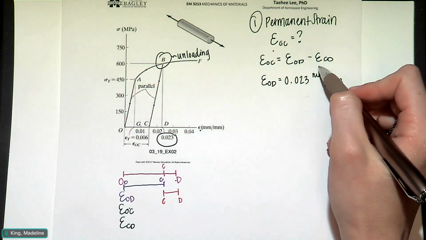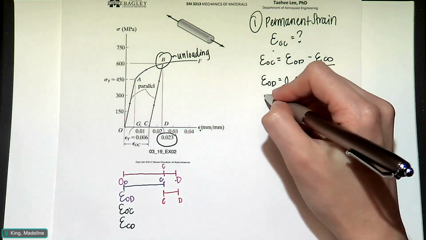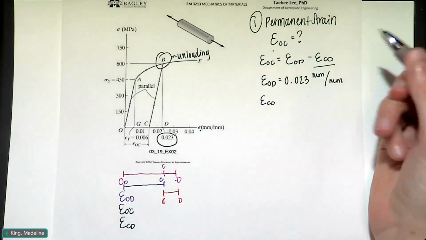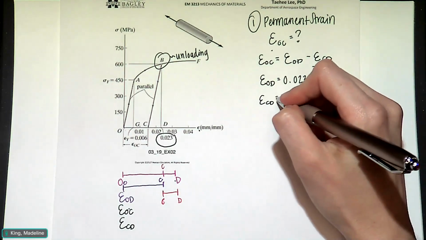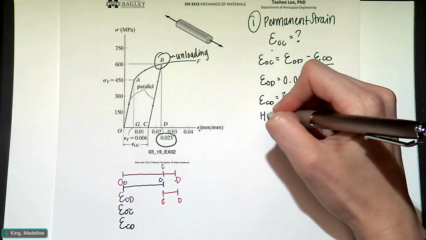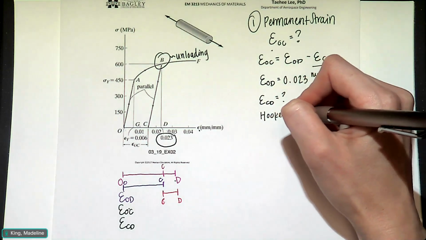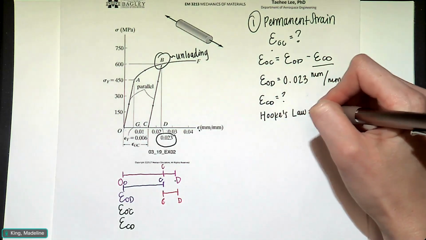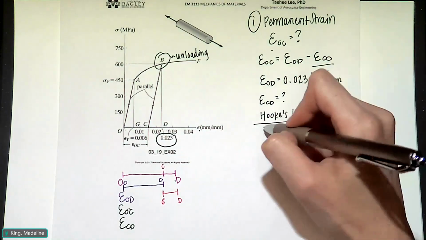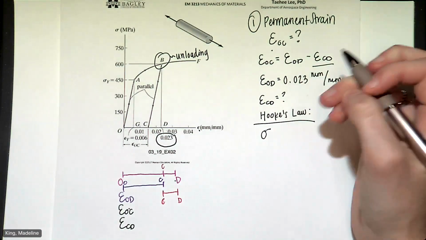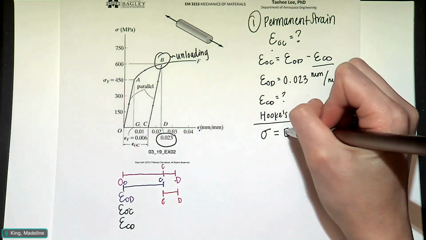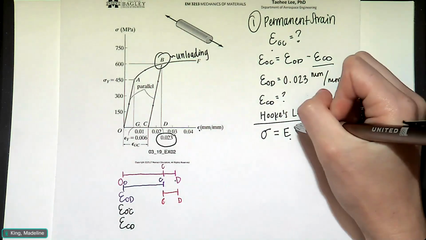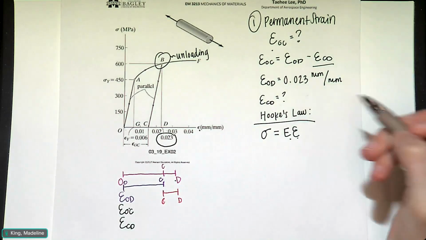So we really need to find what epsilon CD is to find what epsilon OC is. And I know you guys have learned Hooke's law. So we know Hooke's law is sigma is equal to Young's modulus, big E, times epsilon, the strain.